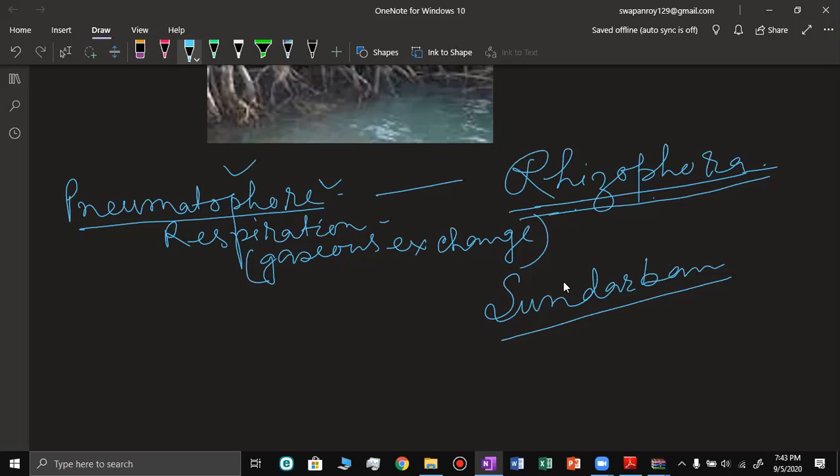So these pneumatophores are found when the plants are growing in soil that is always covered with water and is very moist.